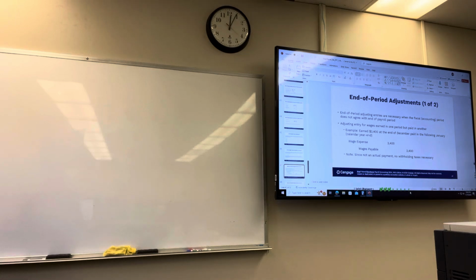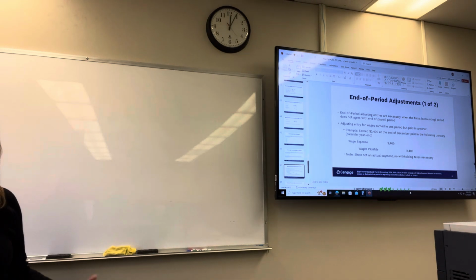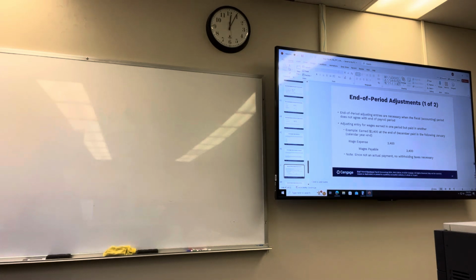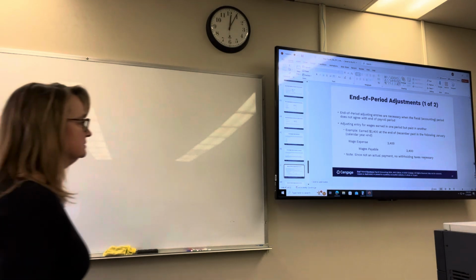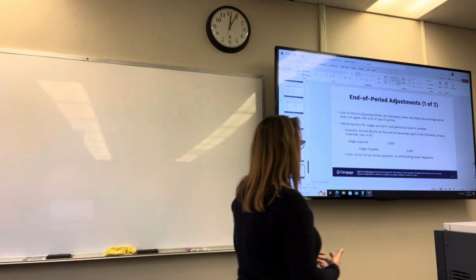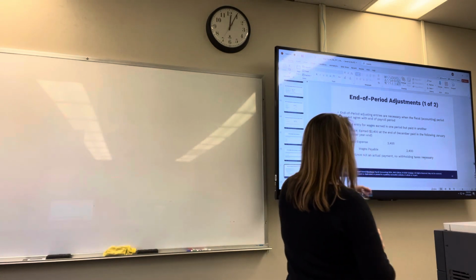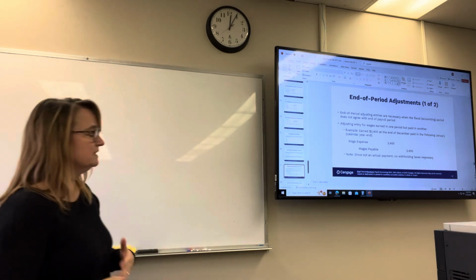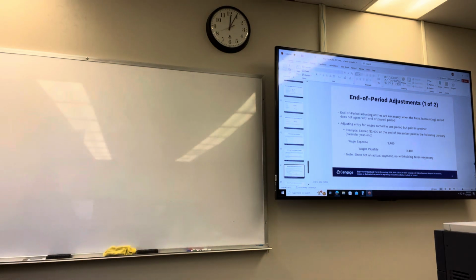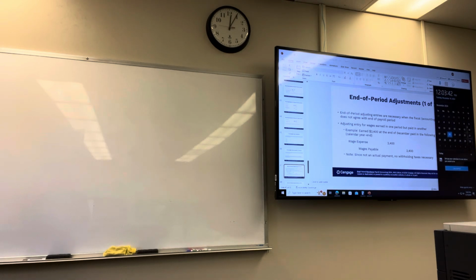So, an entry for wages earned in one period but paid in another period. Here, you record it as a payable. You have to calculate what that wage expense is and debit it, and then create a payable for the amount that's due. For example, in October, say it's a 5-day work week and we had wages accrue of $1,000 a day.